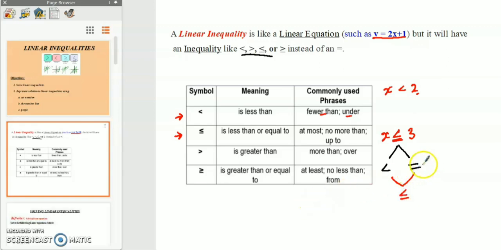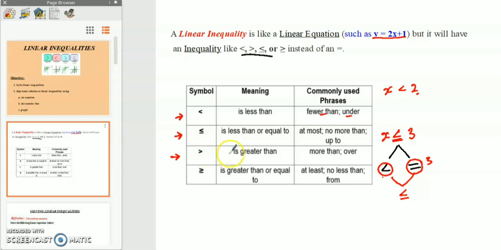So for the equal part, x would be equal to 3, but x is also less than 3 for the less than portion. Hence the symbol less than or equal to 3. We'll explore this in more detail as we move along.